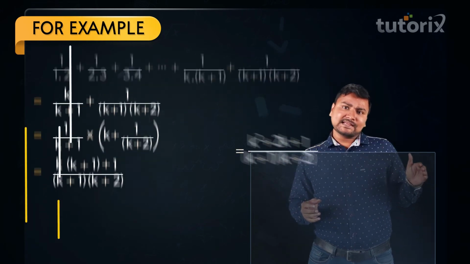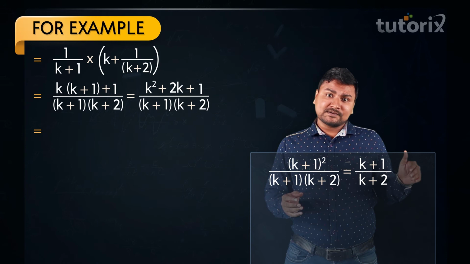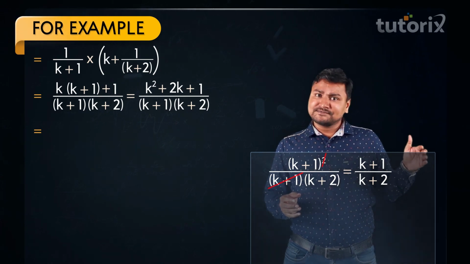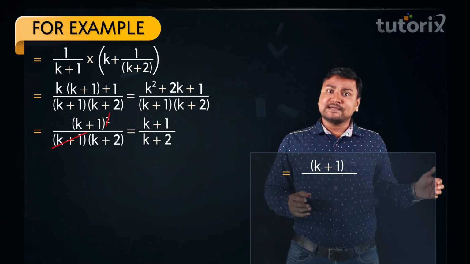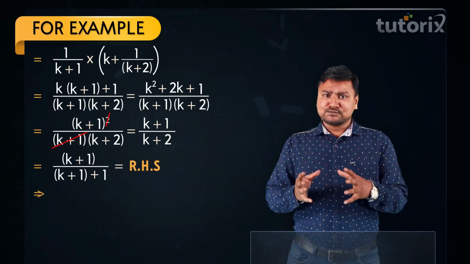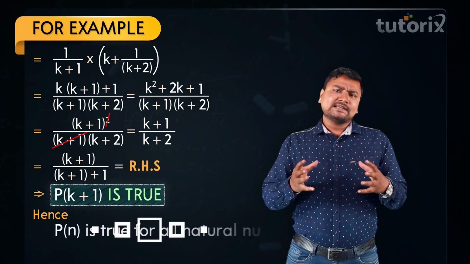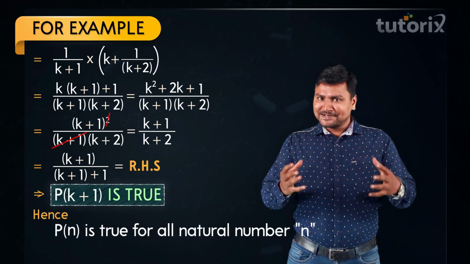And this we can write as (k+1)^2/(k+2) times 1 upon (k+1). Now we can cancel this. After this we will get (k+1)/(k+2), which is as desired. So this implies that P(k+1) is true when Pk is true. Hence we can conclude that Pn is true for all natural numbers n.